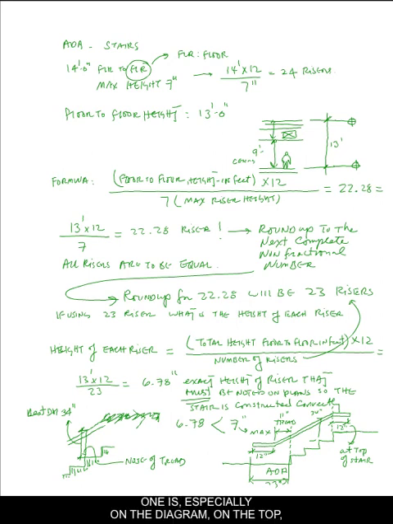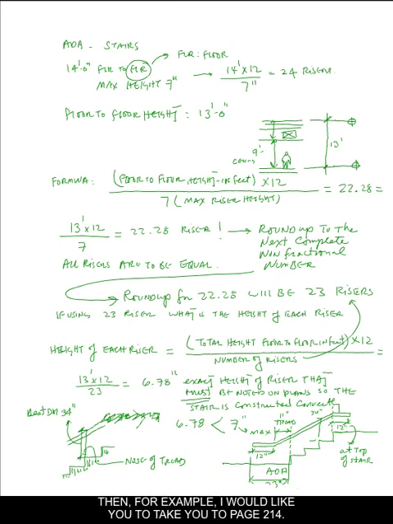Especially on the diagram on the top on page 209, it shows a van condition, which is 8 foot you have to have for an accessible van, and then 5 feet for the regular car. And then at the bottom it shows the number of the stalls and how you will get it arranged.